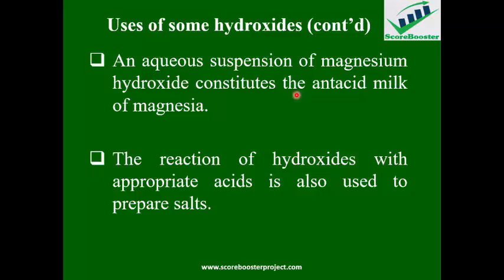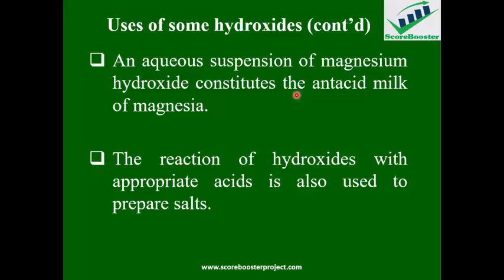Or when you have something like an allergic reaction in your throat that is caused by acid, then magnesium hydroxide suspension is what is prescribed. So the person will take it and it's going to neutralize the acid in the alimentary canal of that person. That is one of the uses of hydroxide.